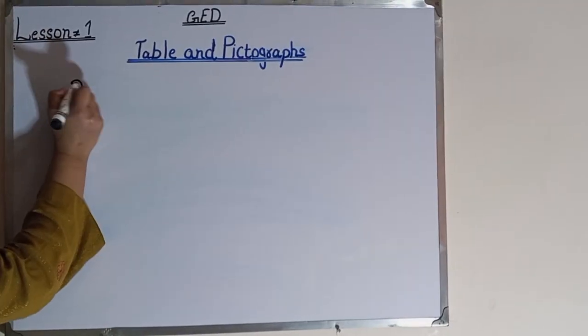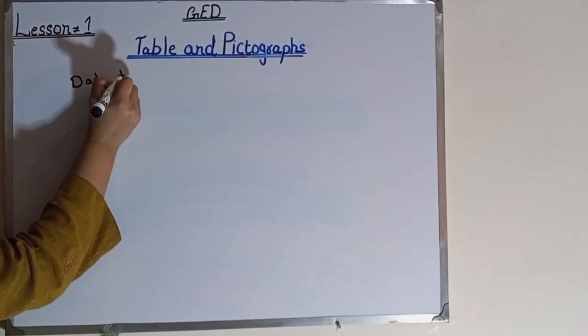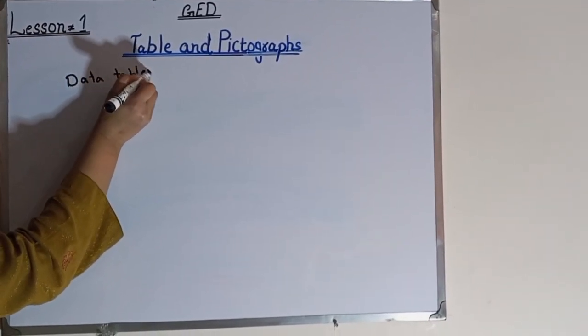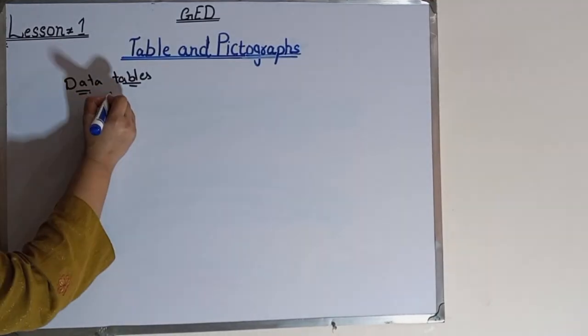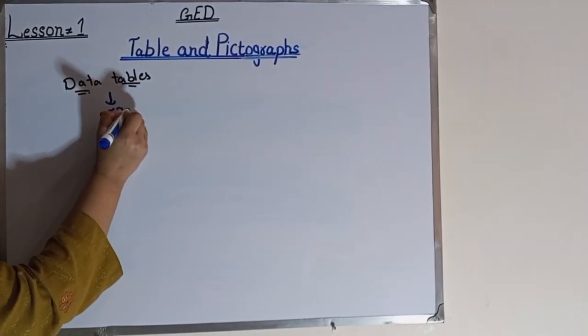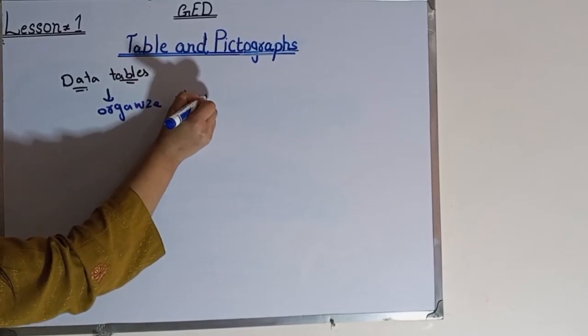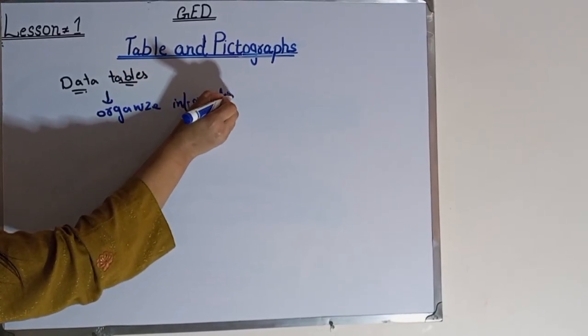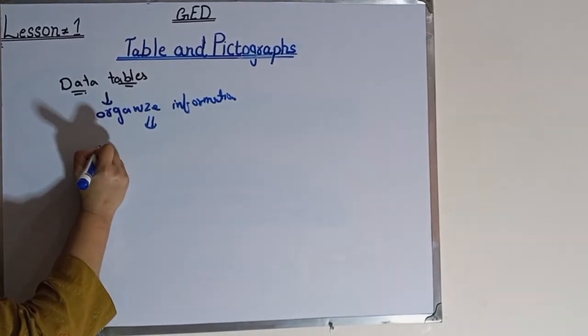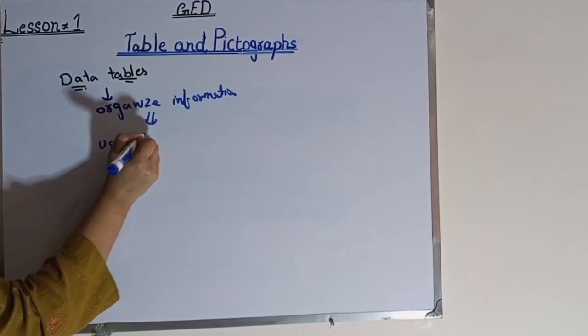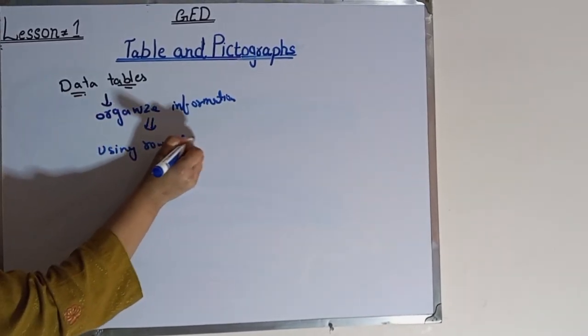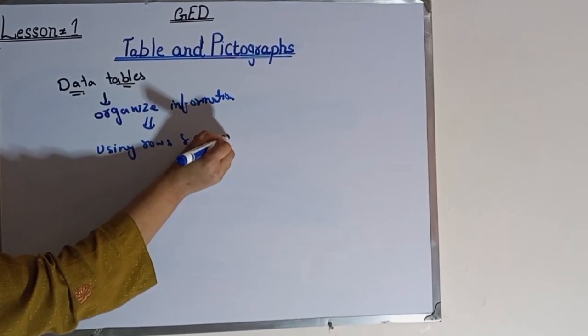Data tables. What are data tables? Data tables are a way to organize information using rows and columns.